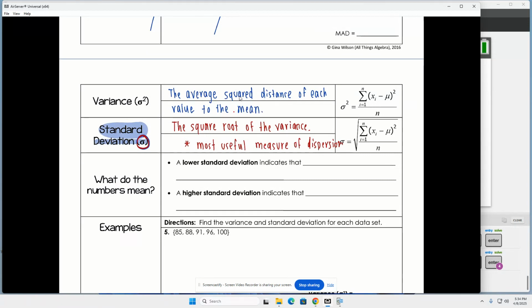So basically, guys, what standard deviation is doing, standard deviation is telling us how far on average our values are away from the center of your data. So like I said a minute ago, the lower the standard deviation, it indicates that your values are closer together.